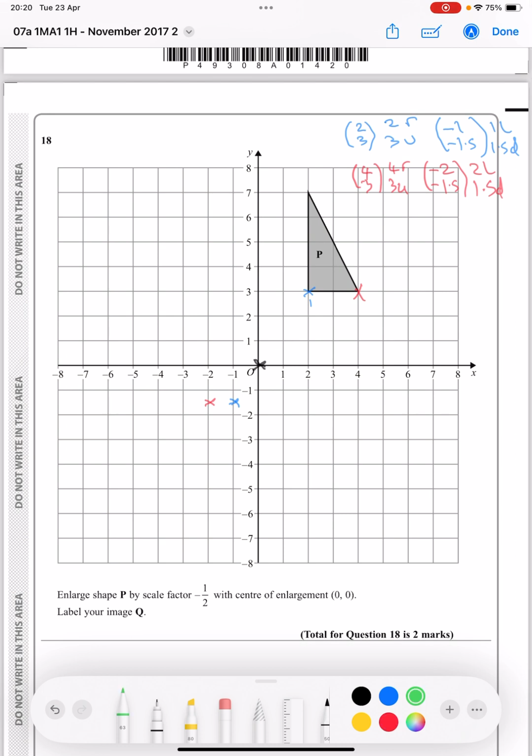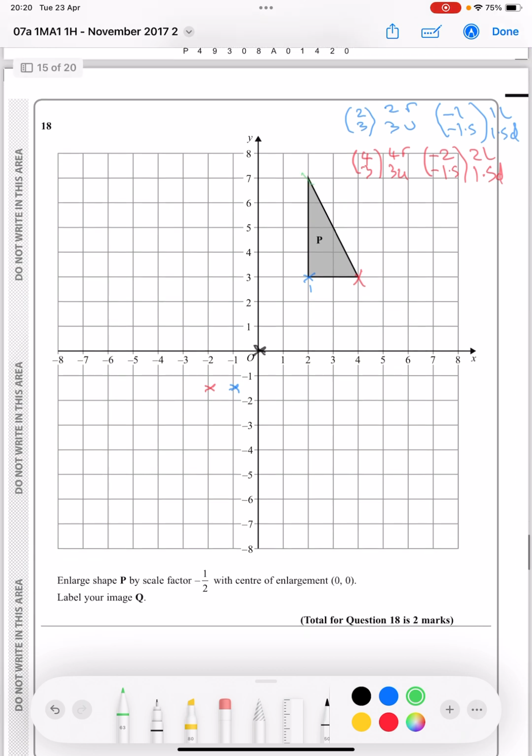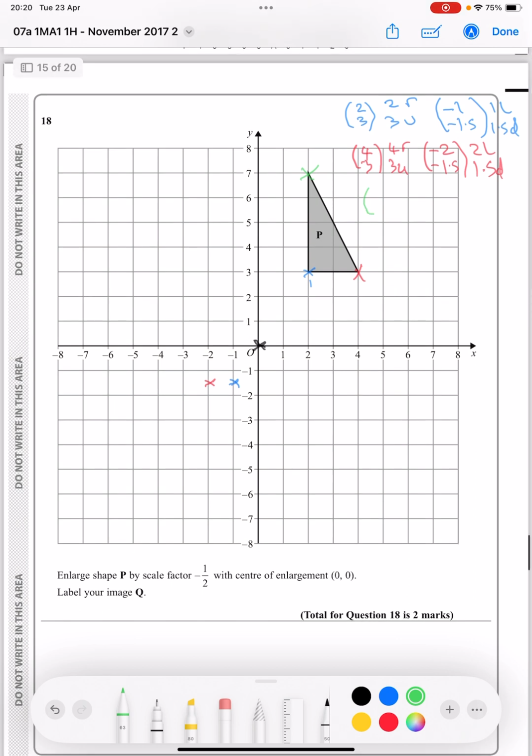And finally, if I do a green point at the top here, they haven't been very nice. They're always given as decimals, odd numbers. So what we've got, we're going 2 to the right and 7 up. So 2 right, 7 up. The opposite times by minus a half. I hope you can see that green.